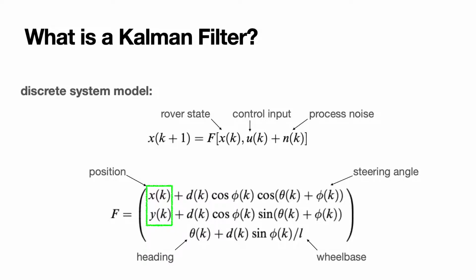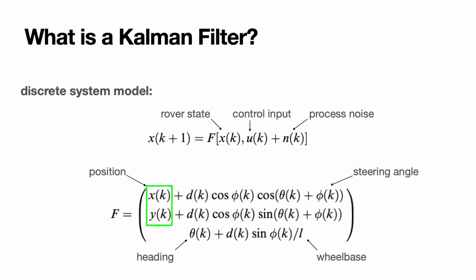Taking all the previous formulas into consideration, we can now put them into our f. F is then including our rover position x of k and y of k, not to be confused with our state x of k, and also our steering angle, heading, and wheelbase.